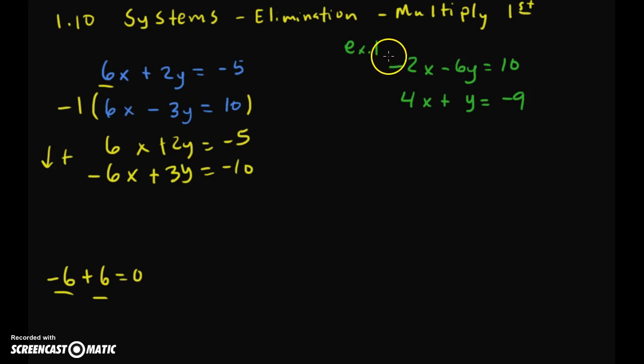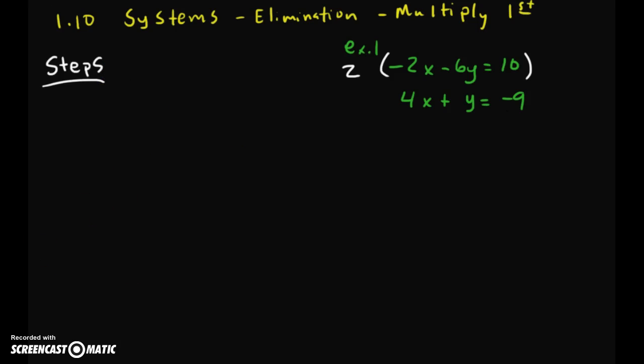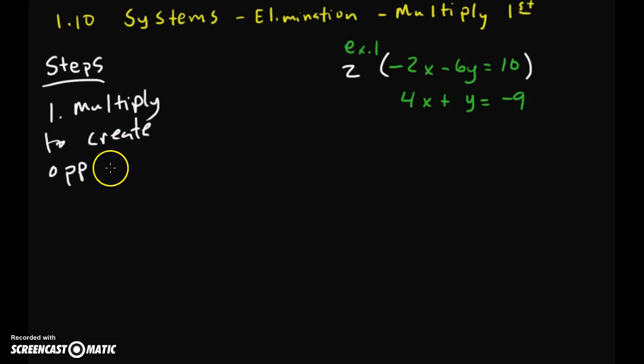So that's exactly what we're going to do. We're going to take this top equation and multiply it by 2. Our first step here is to multiply to create opposite coefficients.